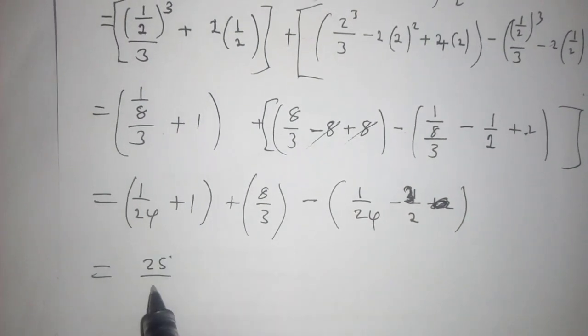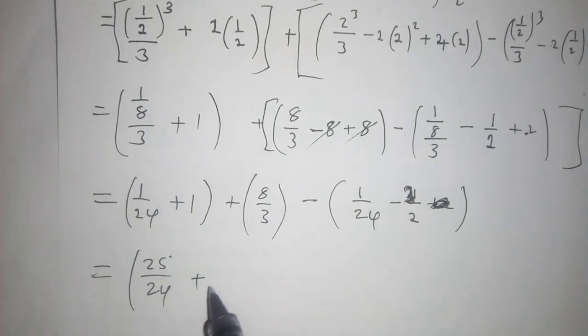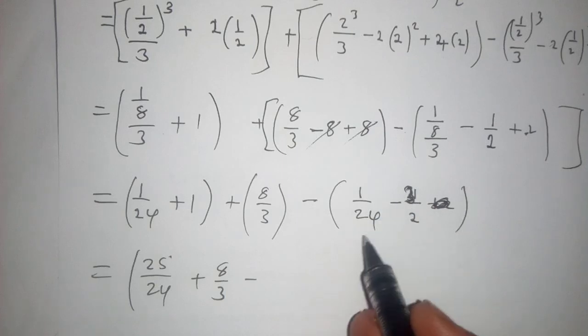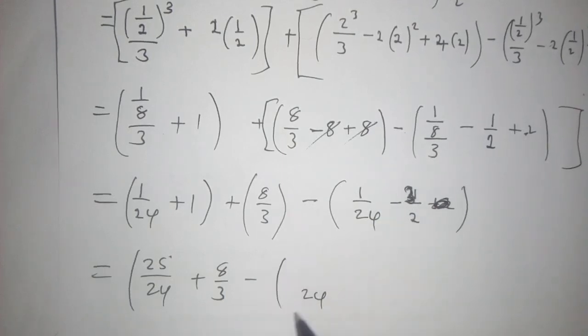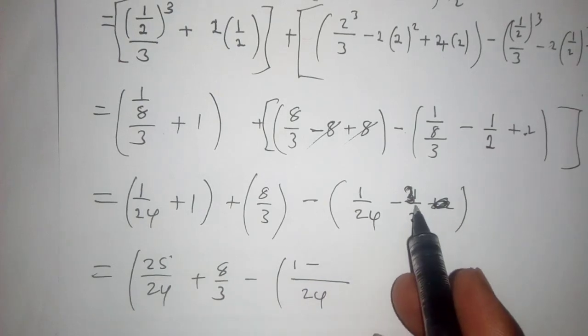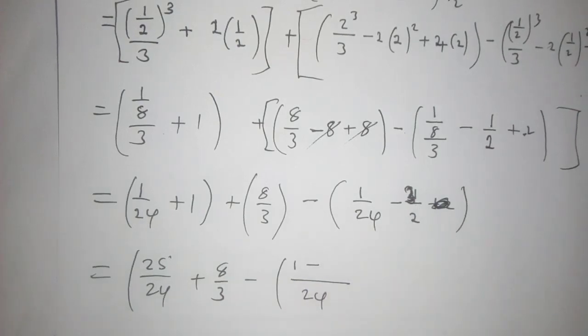We have 25 over 24 plus 8 over 3 minus, we work out what is here. Let me get my calculator to help a little bit.